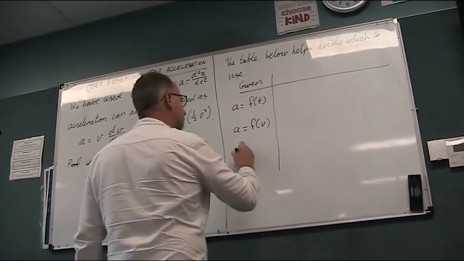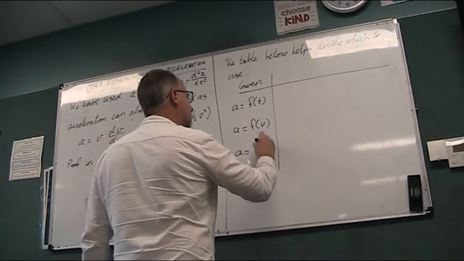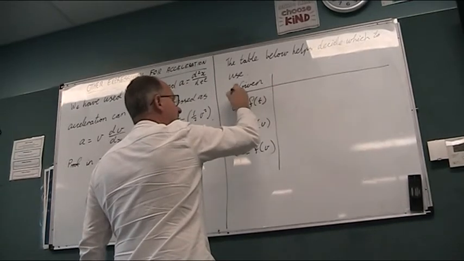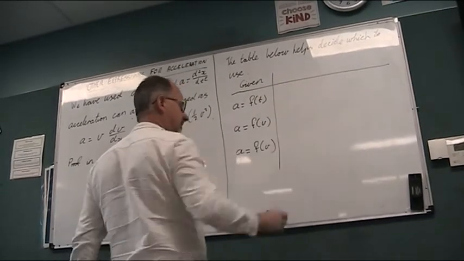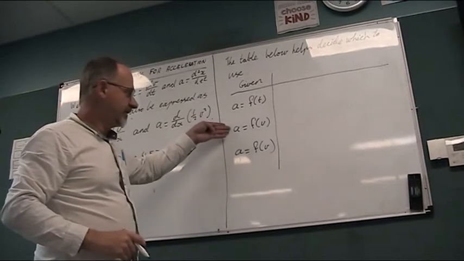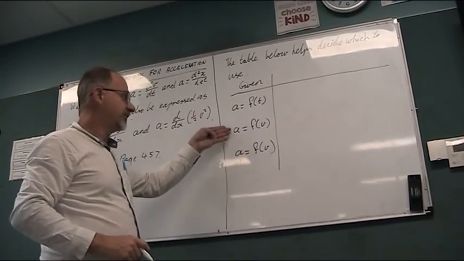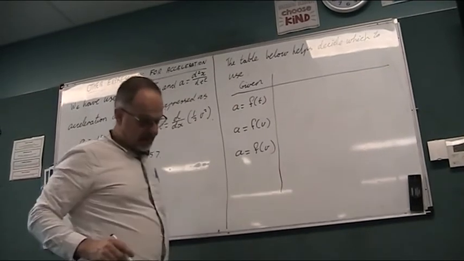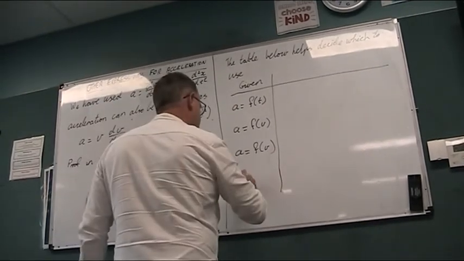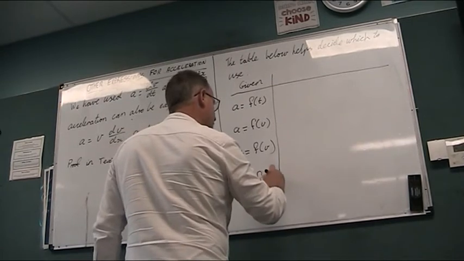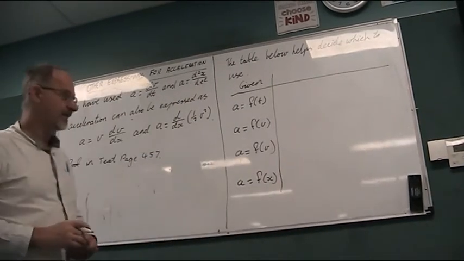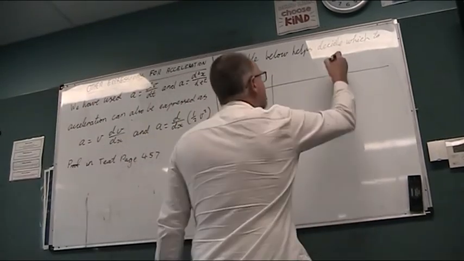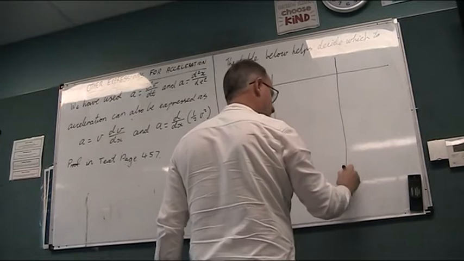I'm going to write that twice, because when I get to the next column, it talks about the conditions. There are lots of conditions that would go with the acceleration as a function of velocity. And then, of course, the acceleration could be a function of position.